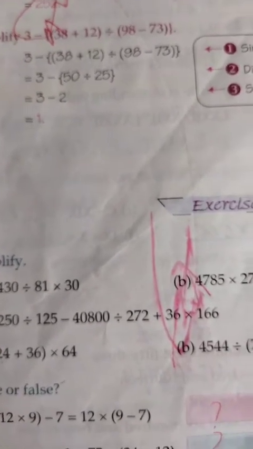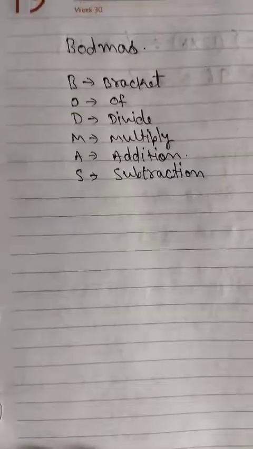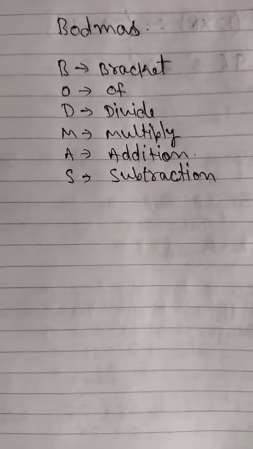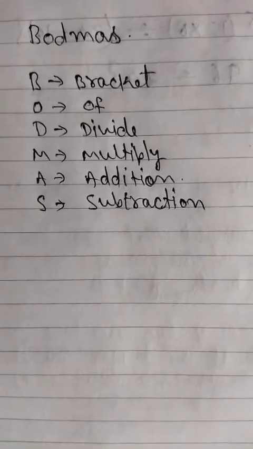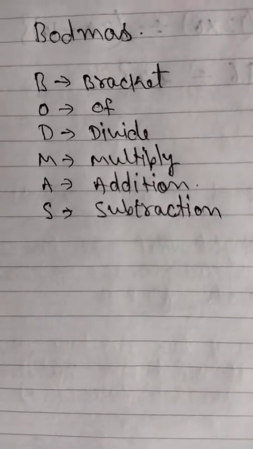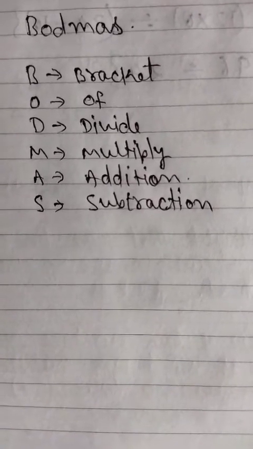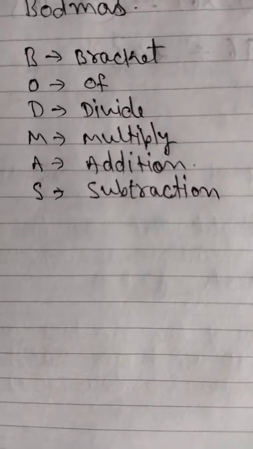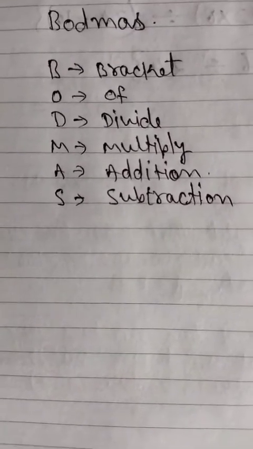Now, what is BODMAS? First of all, I should make you aware about BODMAS. The full form of BODMAS is B for bracket, O for off, D for divide, M multiply, A for addition and S for subtraction.